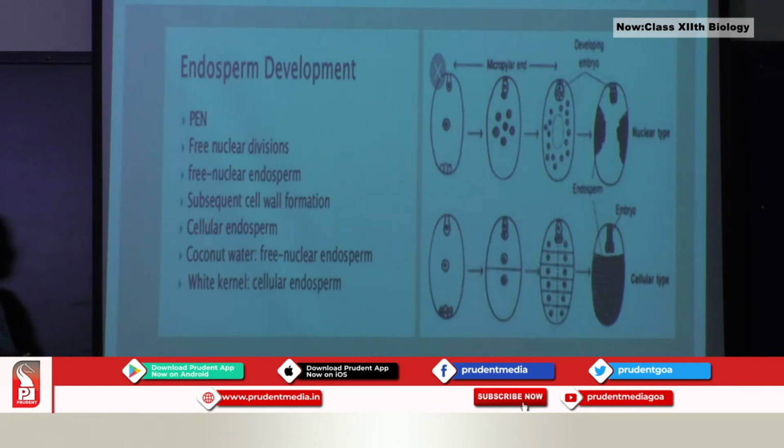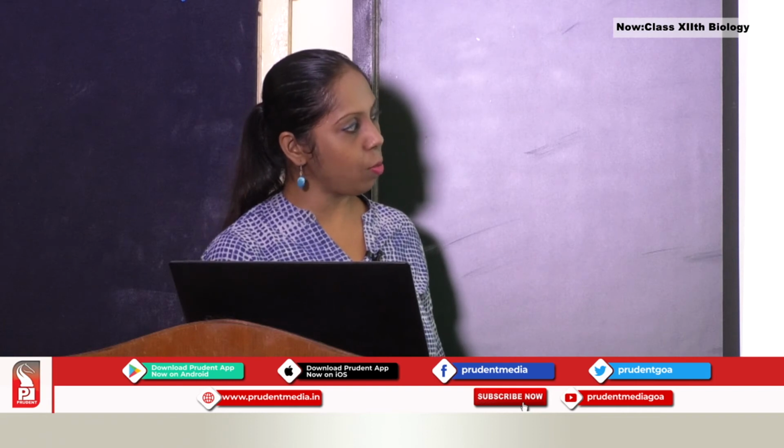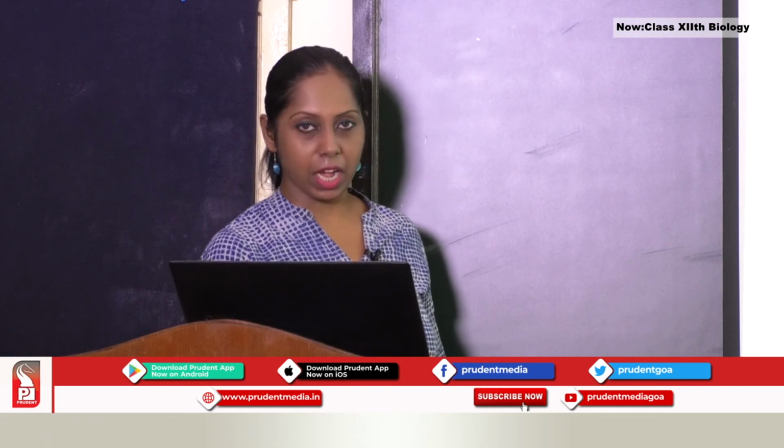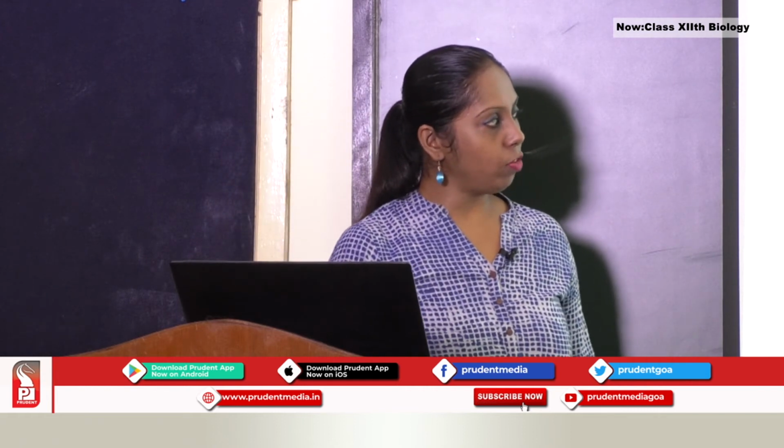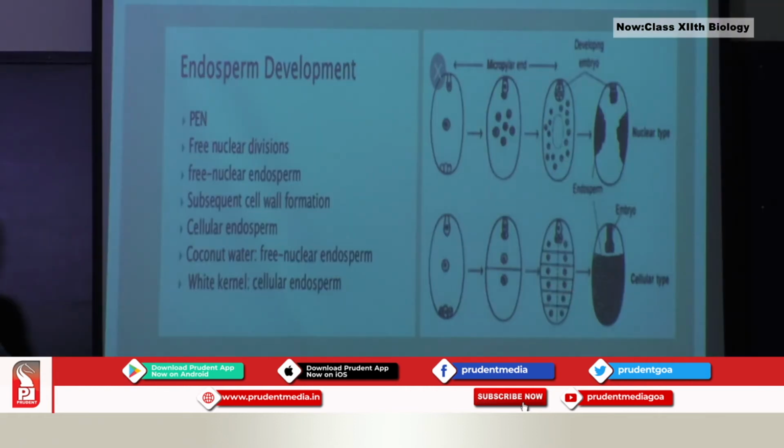And what is cellular type of endosperm? The primary endosperm nucleus will divide, and as a result you will notice after karyokinesis the cytokinesis is also going to be seen. Cell wall is going to be laid and you are going to be getting two cells. So from one cell it becomes two-celled endosperm tissue. Then 2 will become 4, 4 will become 8, 8 will become 16 and so on.